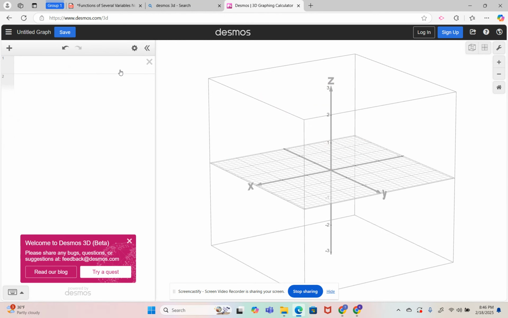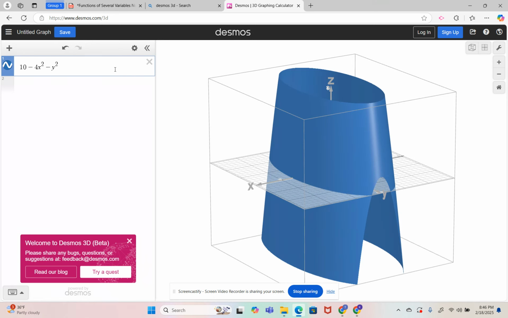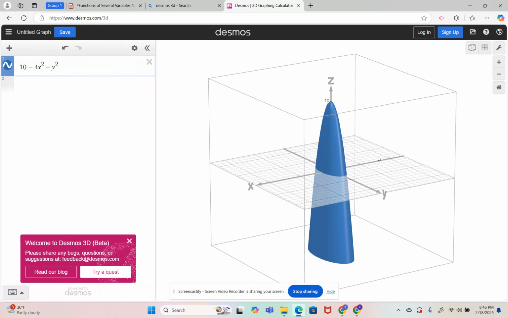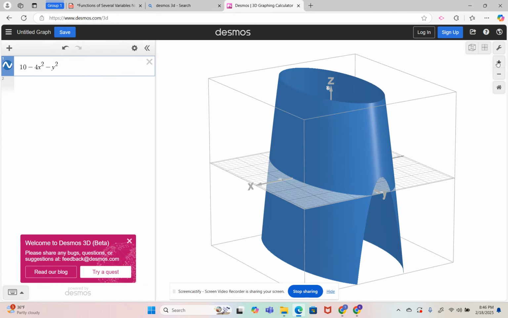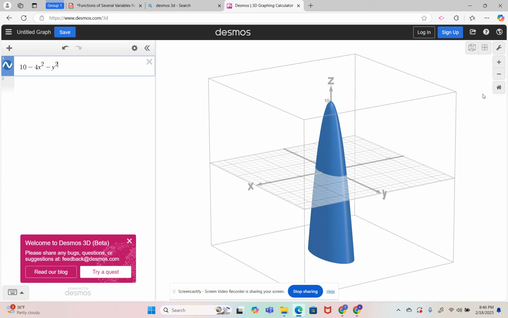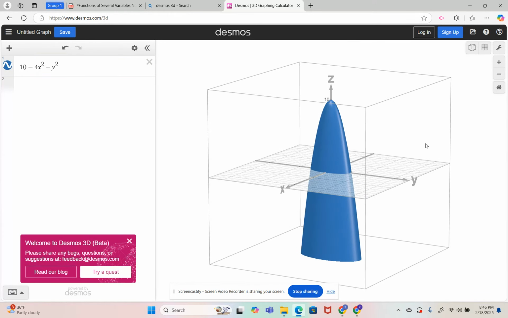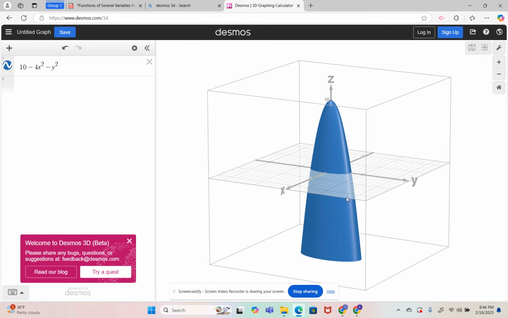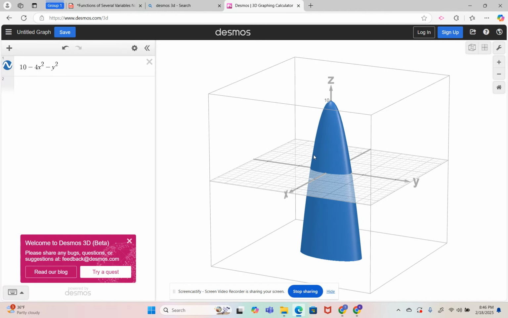Okay, so let's just show you. Hopefully it'll work in here. So say we have 10 minus 4x squared minus y squared. And I will say when you type in stuff in Desmos, sometimes it'll look funny and you'll have to change your zoom until you get what you want it to look like. So this is what I'm looking at. And so this is kind of the view. And I was trying to draw this.